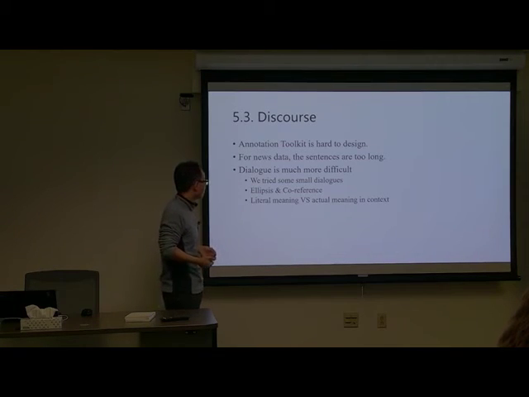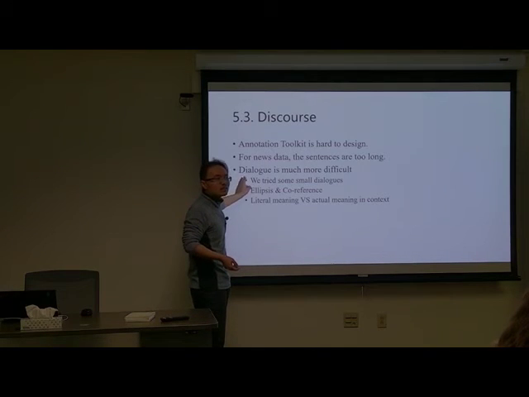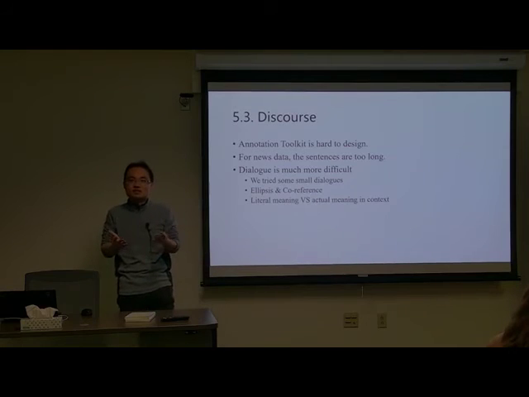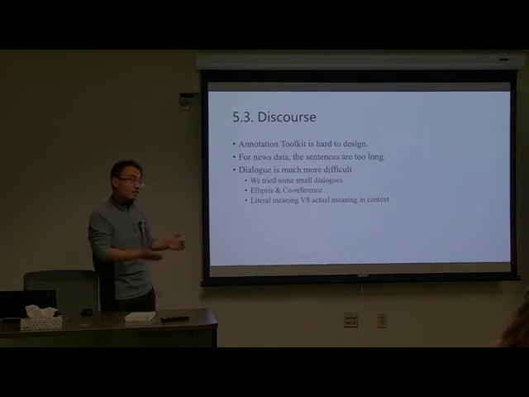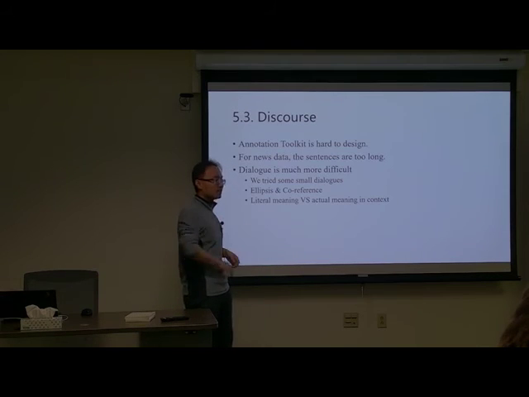It's really a difficult one. And on the other hand, we also do dialogue. It's really hard too. My students have tried more on this one, and we find that ellipsis and co-reference is really crazy, because ellipsis is so many. You cannot avoid them, because our is completely gone.